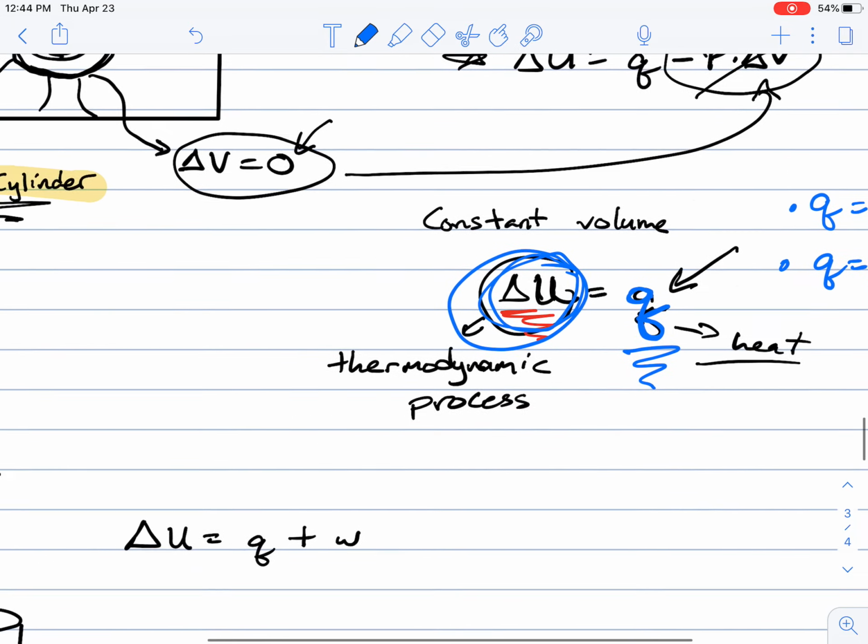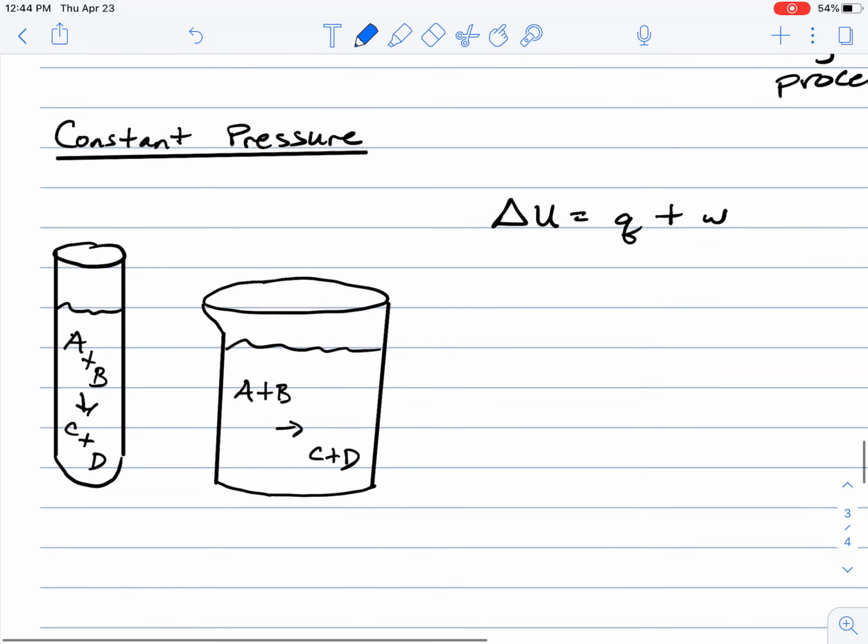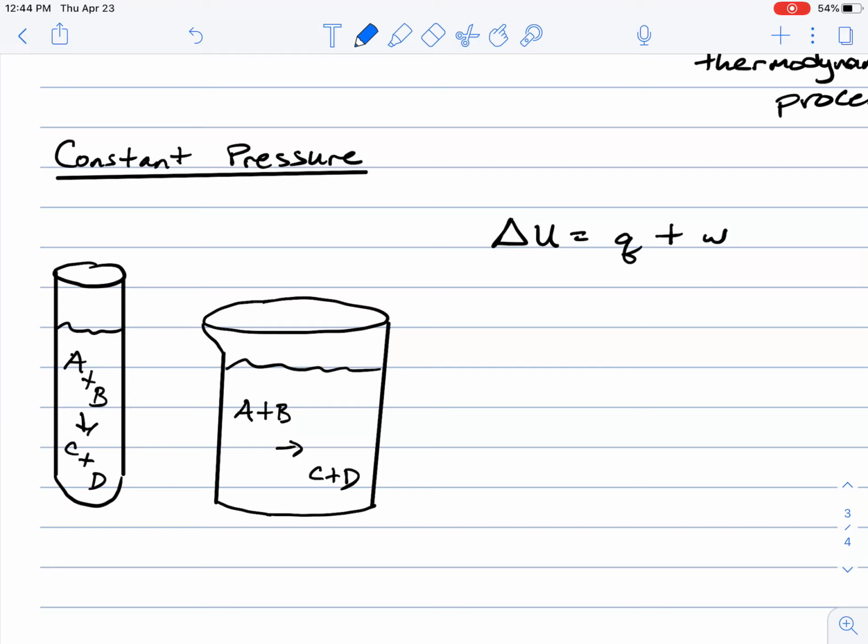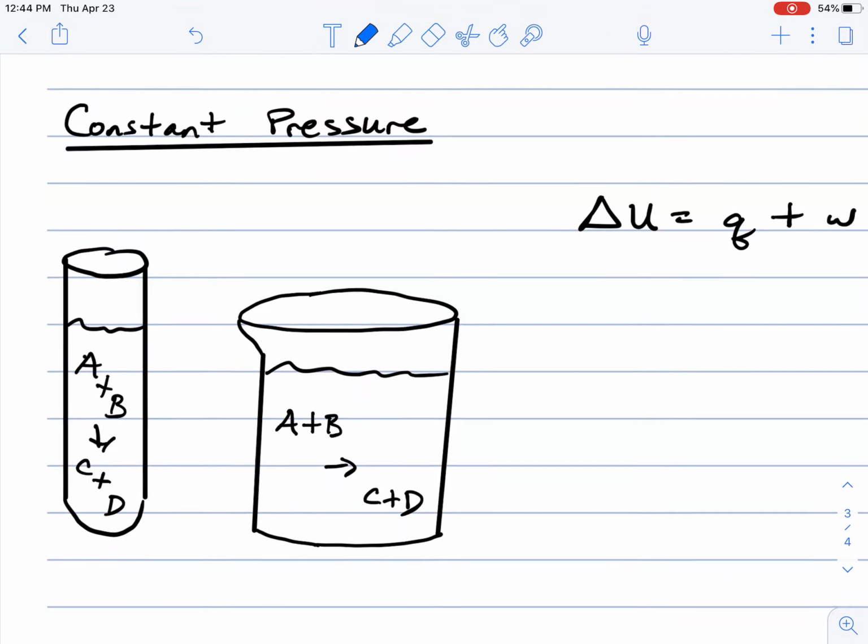All right, so let's look at constant pressure. Examples of reactions that occur under constant pressure would be things that you did in lab. In lab, you have beakers, test tubes, the list of lab equipment can continue, but most of the chemical reactions that you performed in solution were mixed in a test tube or in a beaker.